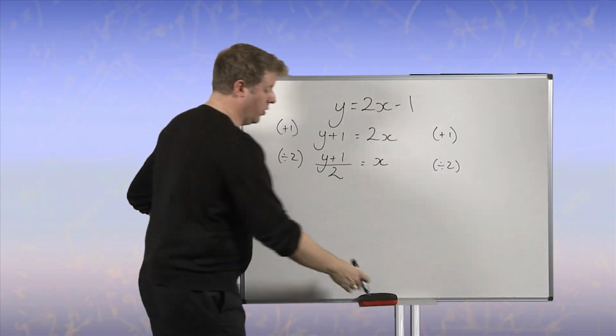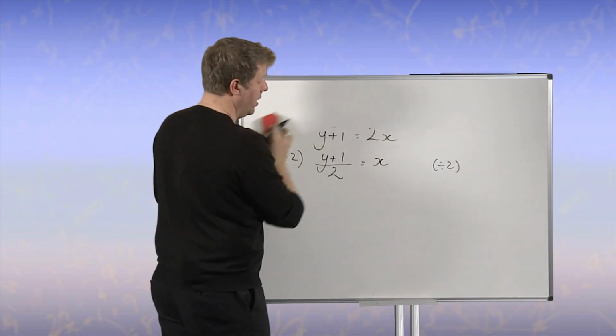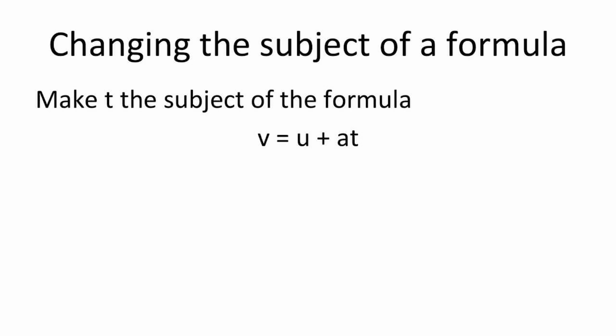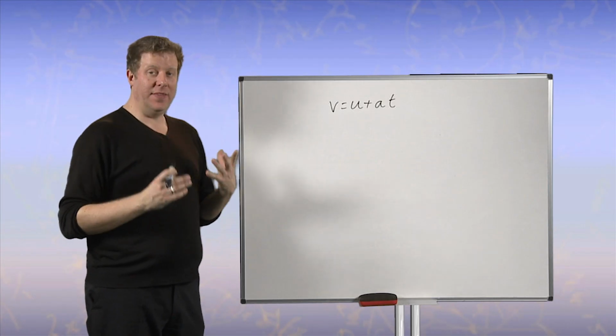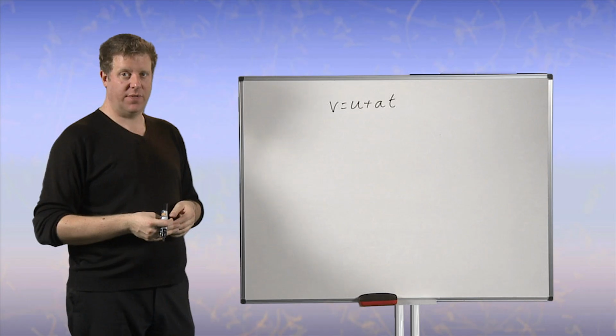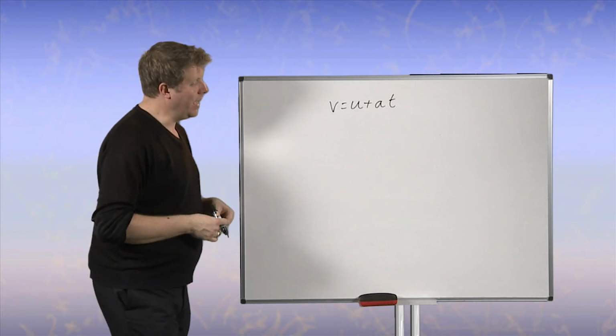Okay, so moving on, we've seen this formula earlier on. It's the velocity formula, v equals u plus at. In this particular example, it asks us to make t the subject of the formula. So let's look back here.